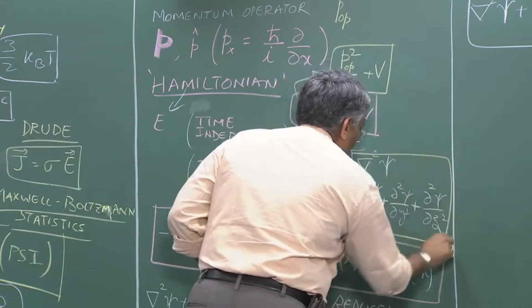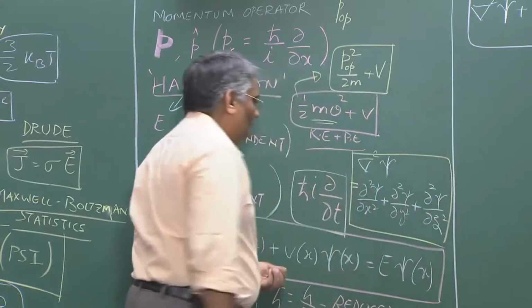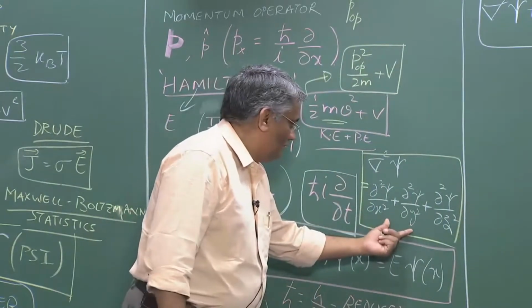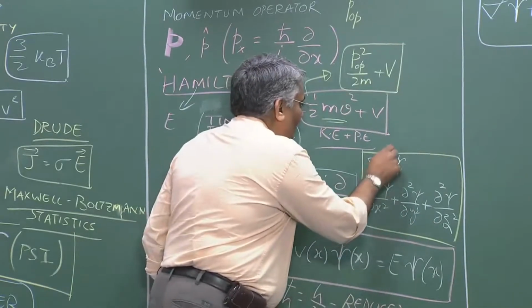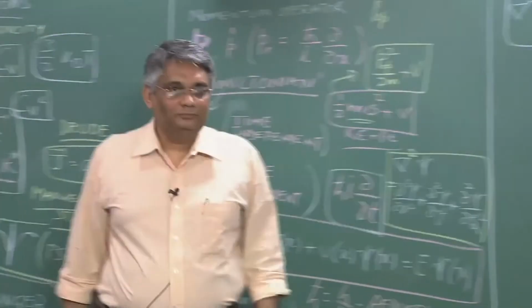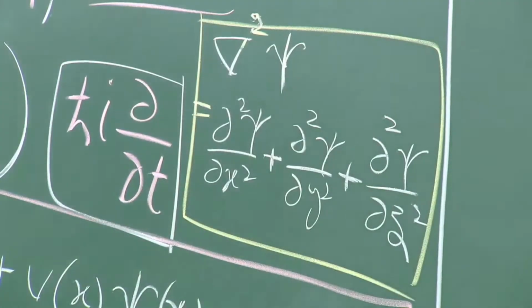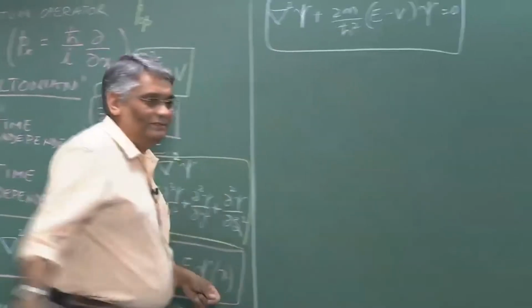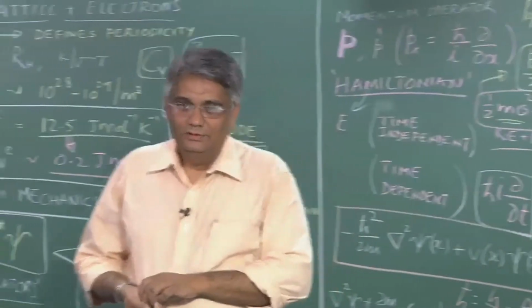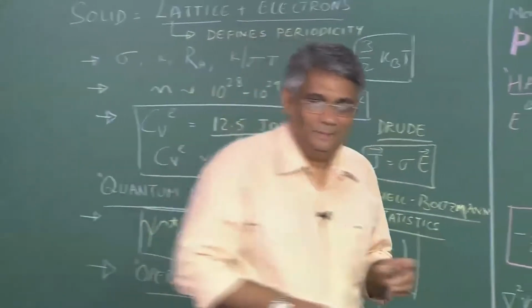Is it not? So, in 3-dimensional form you can replace all this by del square psi. It is called the Laplacian operator. So, this exactly resembles the equation of vibration, is it not?